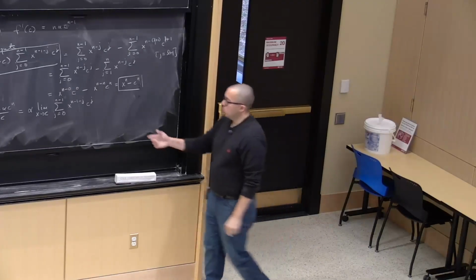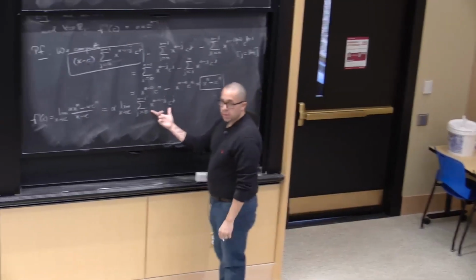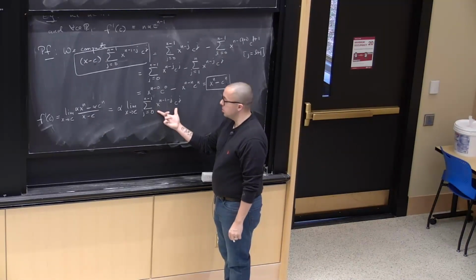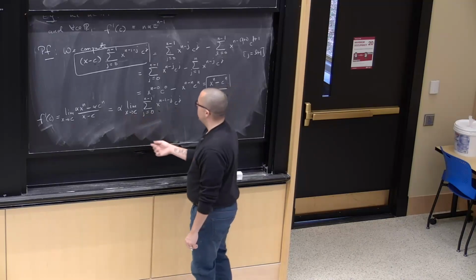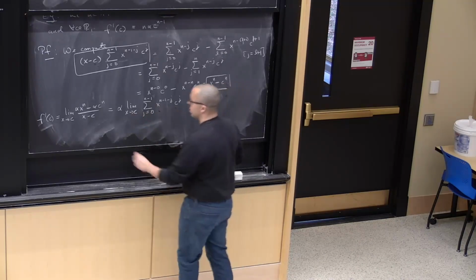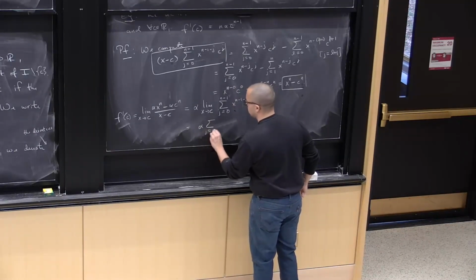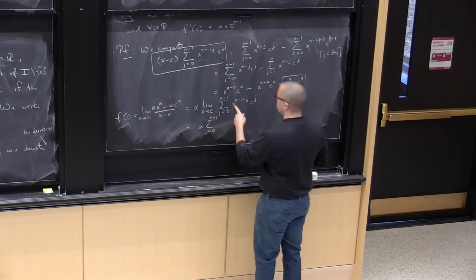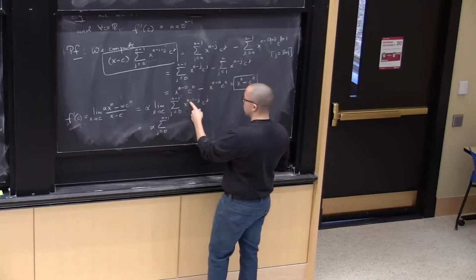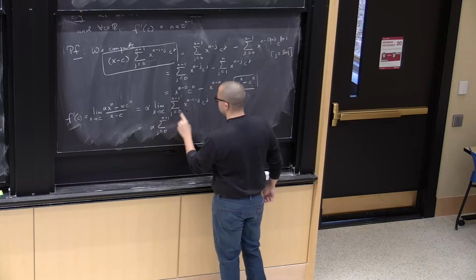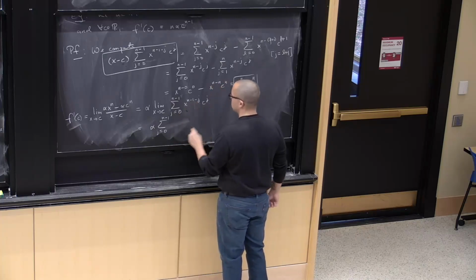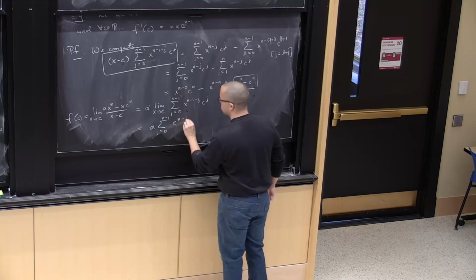Now this is just a polynomial in x. Okay? Polynomials are continuous functions, so the limit as x goes to c is just you plug in c for x. And so this equals alpha times the sum from j equals 0 to n minus 1 of c to the n minus 1 minus j times c to the j, which gives me c to the n minus 1.